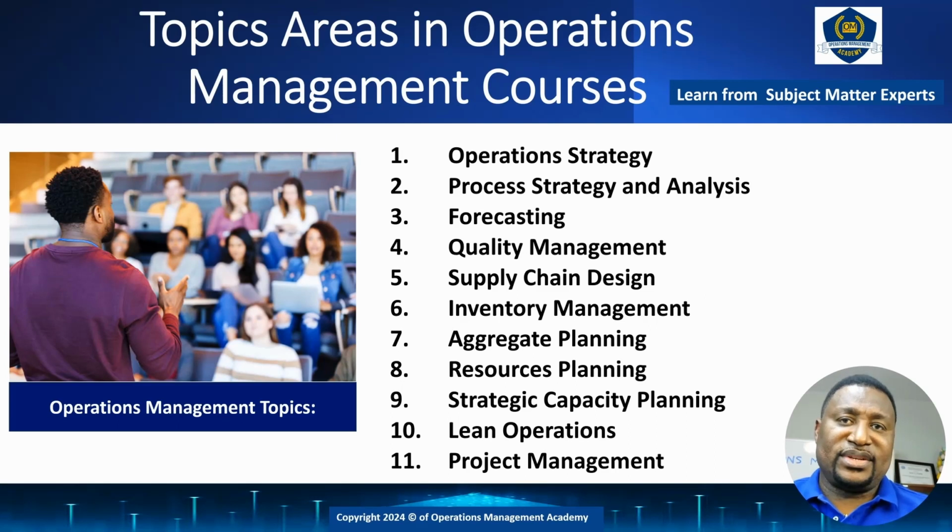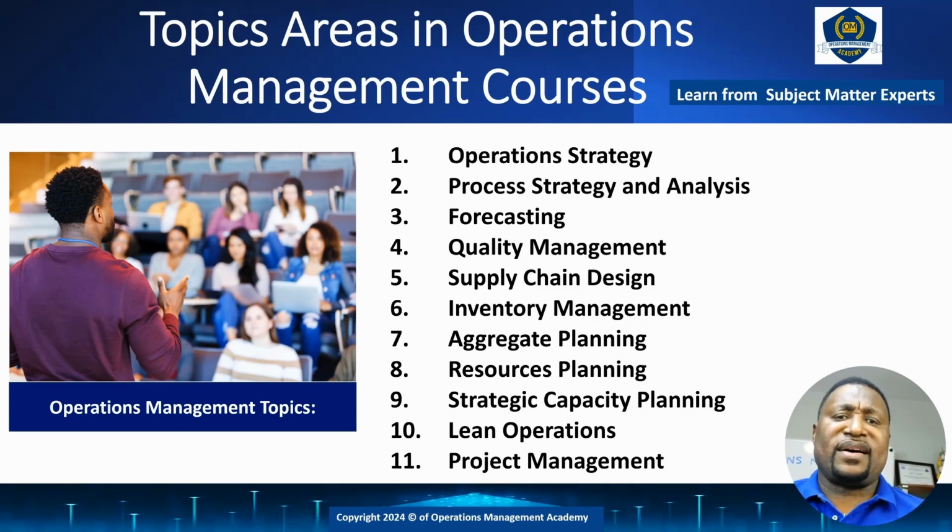So the first year you come as a freshman, the 2nd year you are a sophomore, the 3rd year you're a junior, and the 4th year you're a senior in your bachelor degree program. So you're going to take operations management during your 3rd year or your 4th year. It doesn't matter what university you go to.